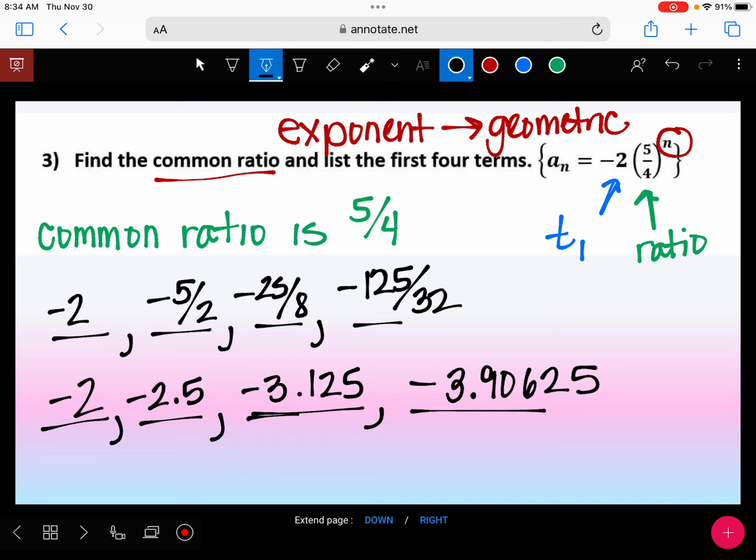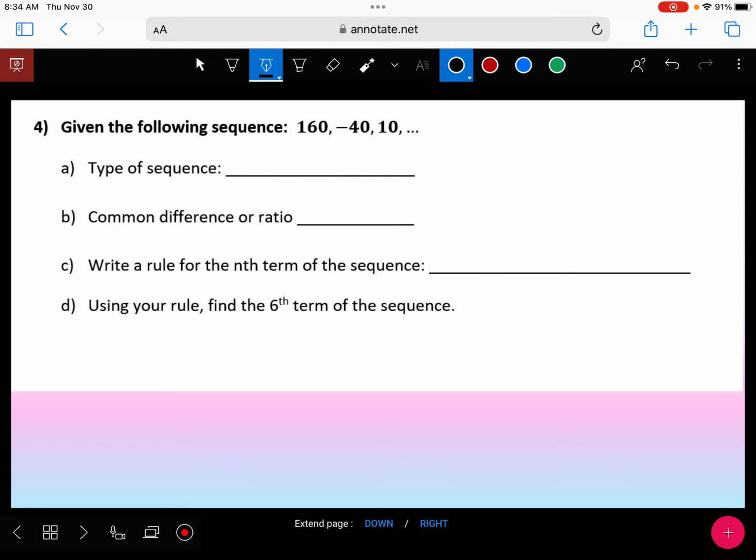All right, just a couple more questions and we're done for today. I want you to try to do number 4 by yourself. We're going to do 4 and 5. So take a few minutes, try to do question 4 by yourself.